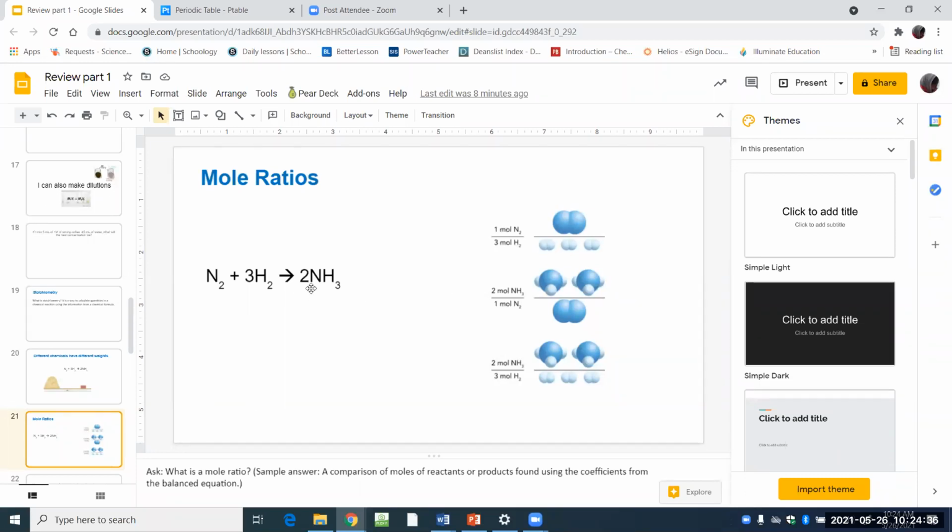Or if I ask what the mole ratio is between ammonia and nitrogen, I would say for every 2 ammonia particles, I need 1 nitrogen molecule. The way I'm making those ratios is just by looking at the coefficients in front of the molecules. I'll let you look at the third one. This is going to be really important, not just for this, but also when we're looking at acids and bases, so mole ratio is going to come in pretty handy.